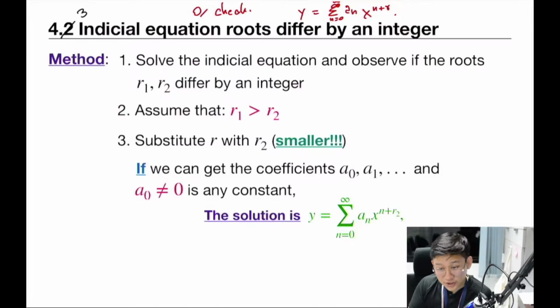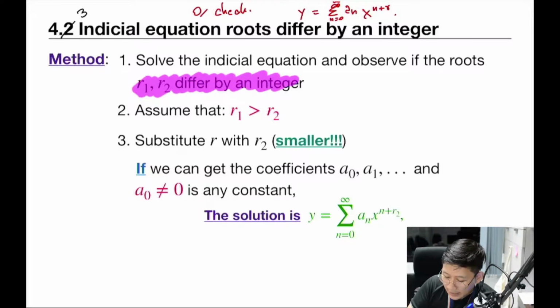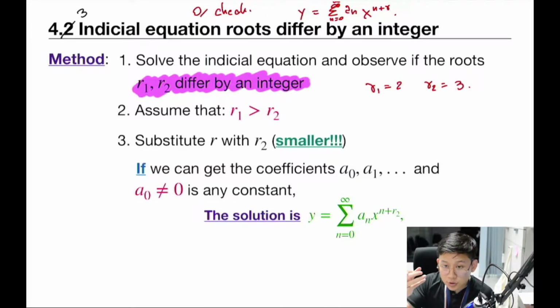This is exactly what we did in the last video. But in this video, r1 and r2 differ by an integer. For example, r1 is 2 and r2 is 3, so the difference between r2 and r1 is 1, which is an integer.